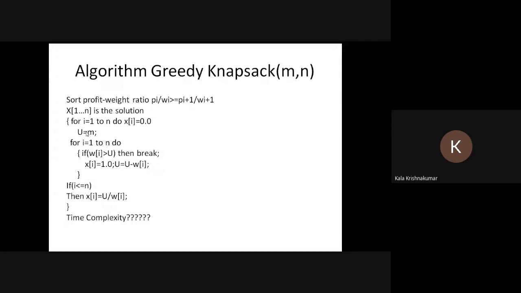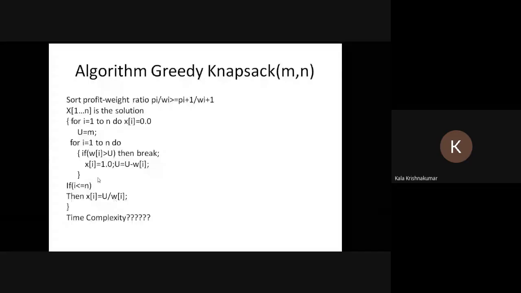In that case, you choose a fraction for this input. The fraction will be u divided by w of i, where u is the remaining weight possible. That much fraction will be taken, and it is stored in x of i.